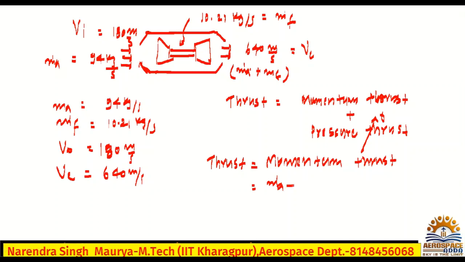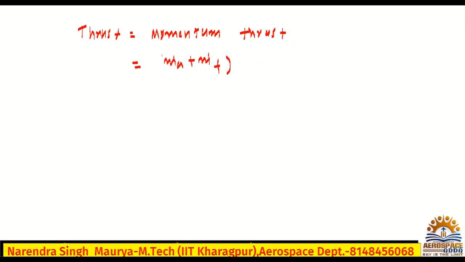It is m dot a plus m dot f into exit velocity Ve, minus m dot a into V infinity. So finally you got thrust, which is nothing but momentum thrust: (m dot a plus m dot f) into Ve minus m dot a into V infinity.